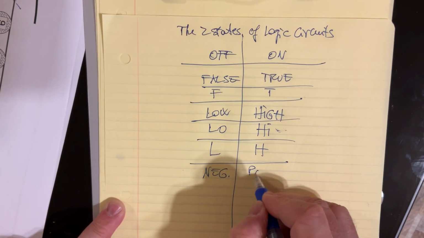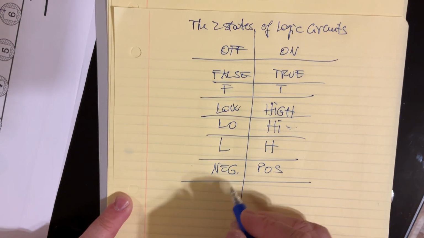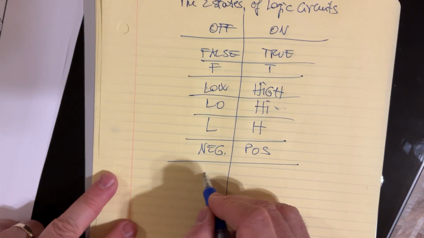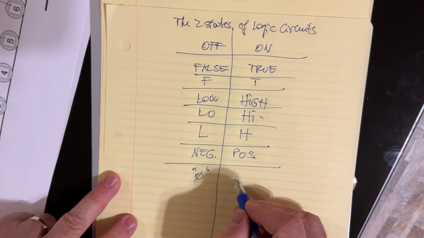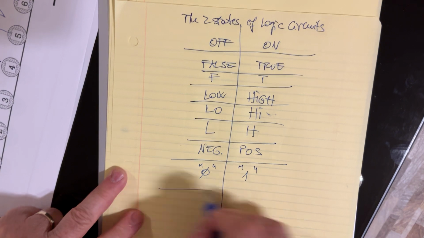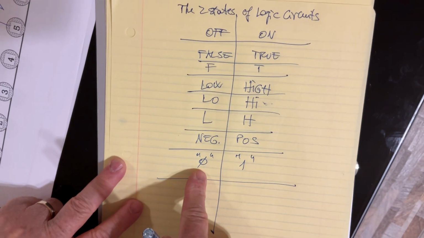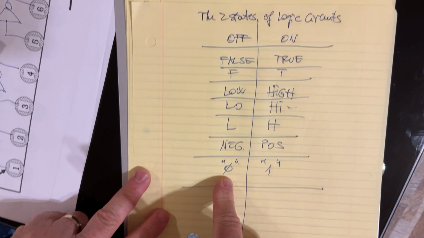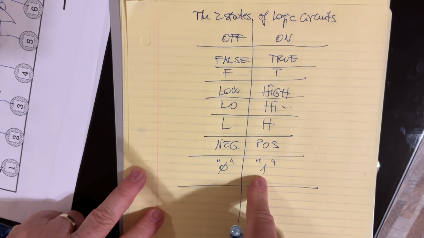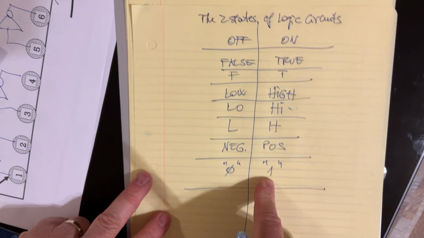Negative and positive. Do not forget the mathematical values 0 and 1. Be very careful because that 0 is not 0 volts, it is 0 logic. This is not 1 volt, it is 1 logic.